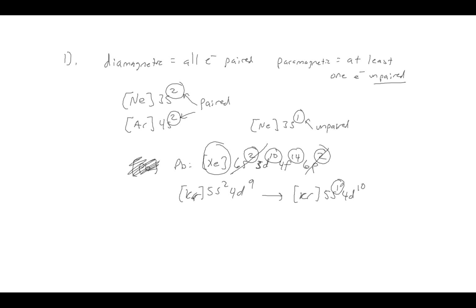But even still, this has an unpaired electron, right? This is unpaired. So this is paramagnetic. So this satisfies our requirement here. Okay? So let's move on to number 2.